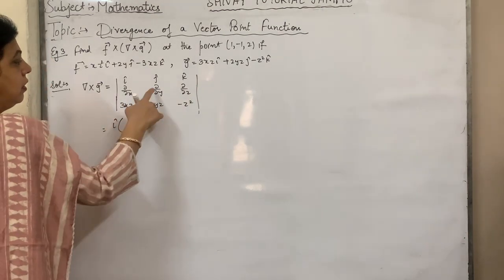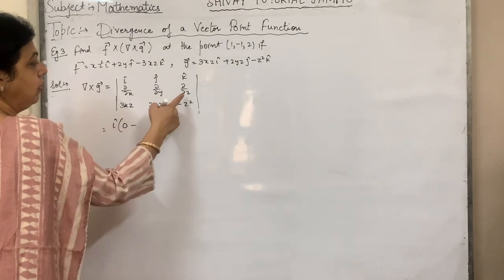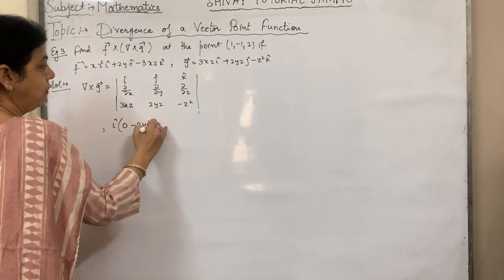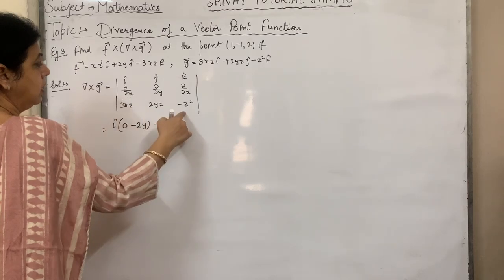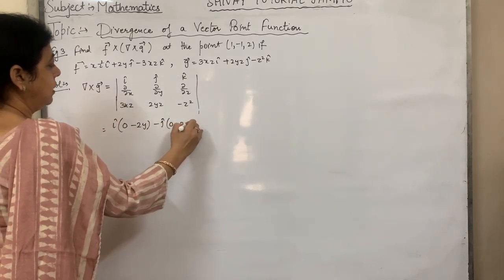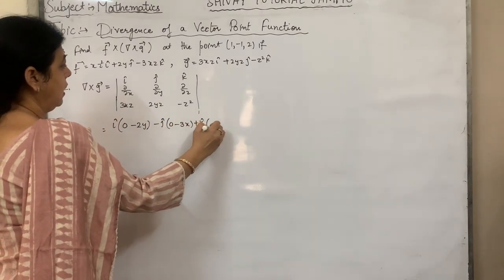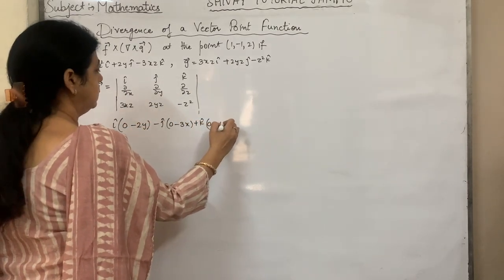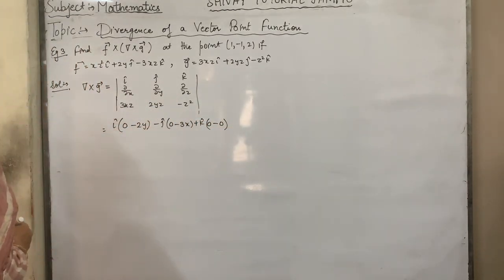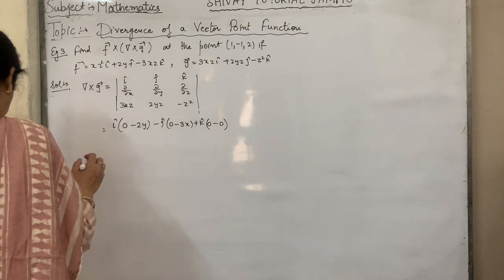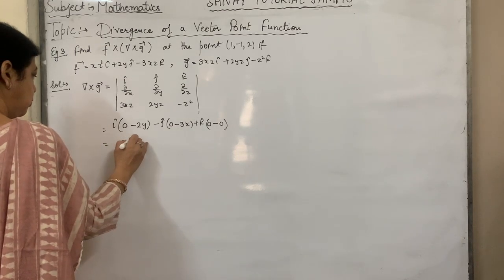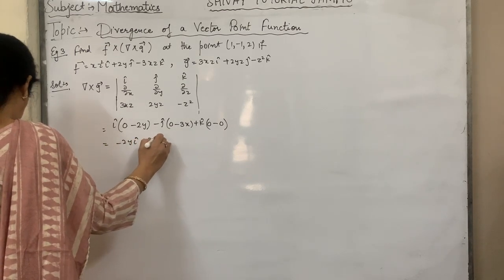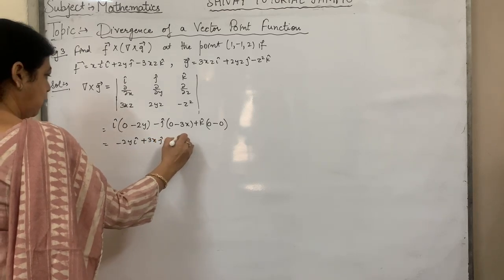It will become, we will differentiate with y 0, we will differentiate with z 2y, minus j, 0 minus 3x, and k, 0 minus 0. It will become 0. Clear? Okay. So it will become minus 2y with i plus 3x with j plus 0.